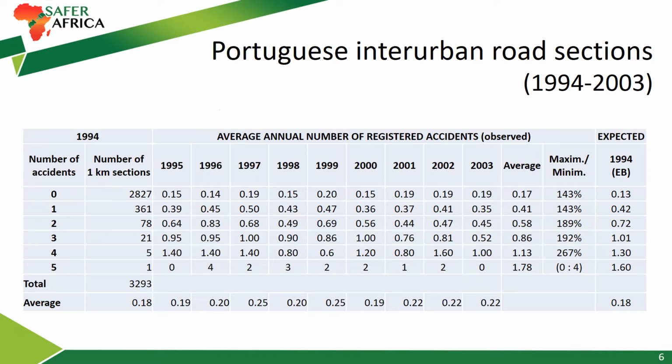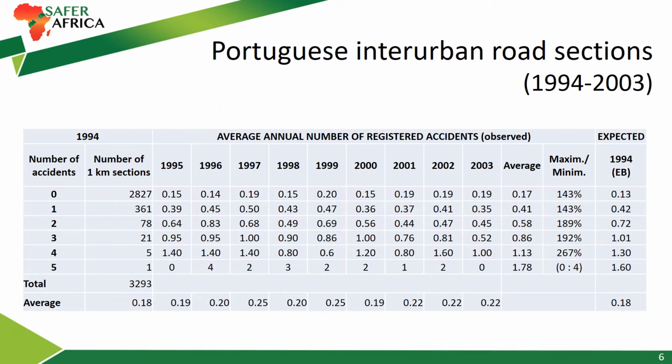We can also notice that the lone section that had 5 accidents in 1994 had 0 accidents in 1995, 4 accidents in 1996, and 2 accidents in 1997, and so on.